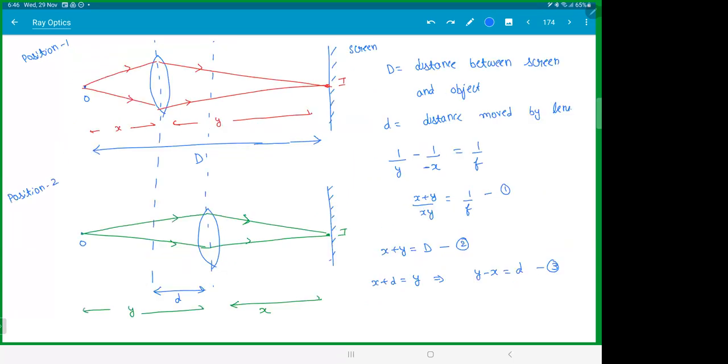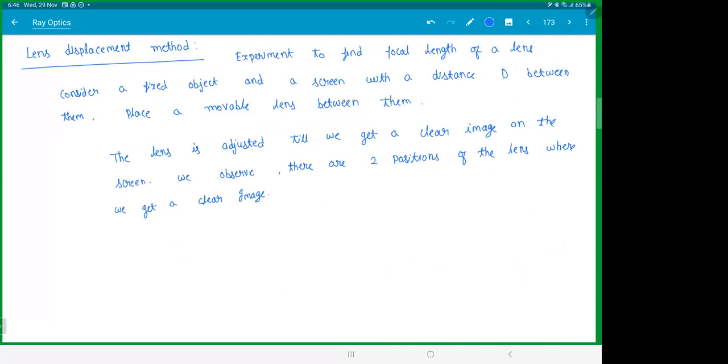Previous page here. First page, theory, this one here. So it's an experiment to find the focal length of a lens. You know where the object is, you know where the screen is, that is capital D. And when you move the lens, you know how much you move, so that is small d.